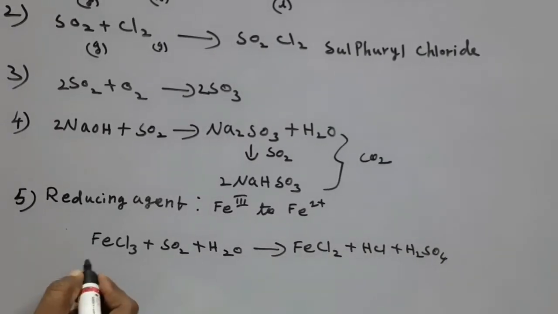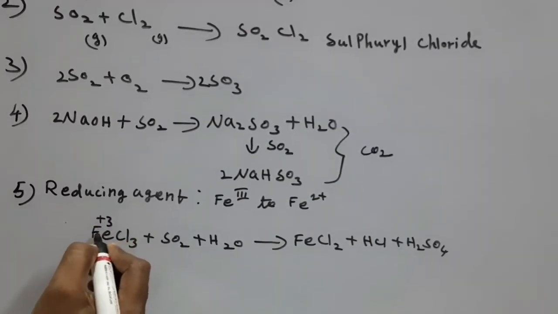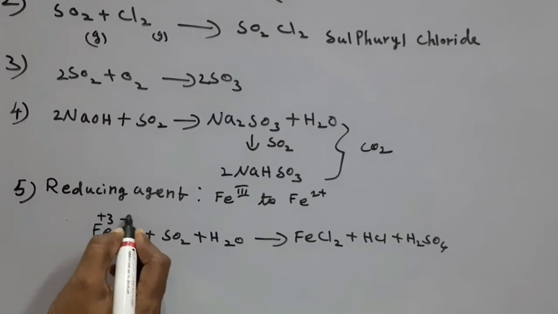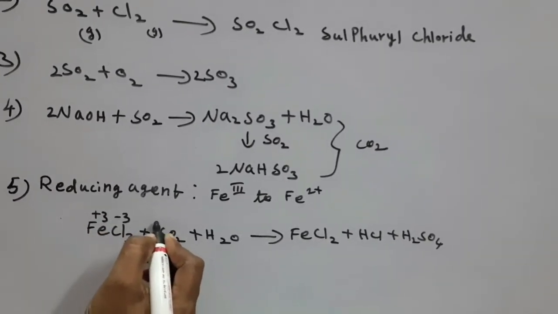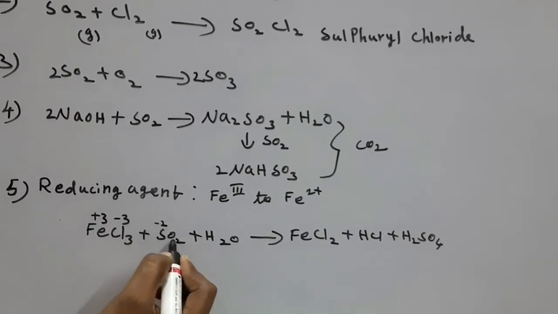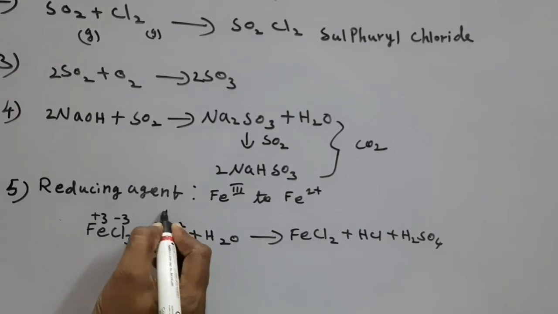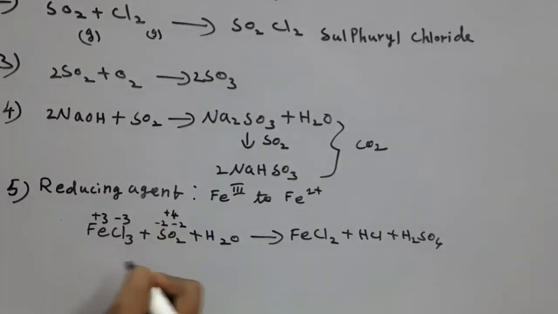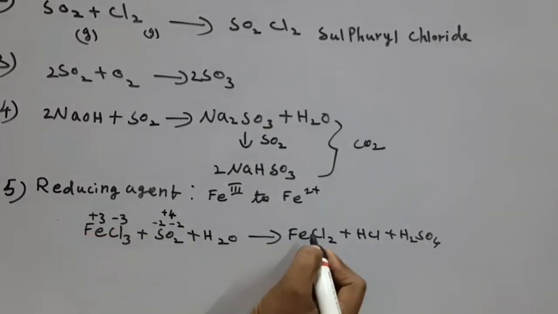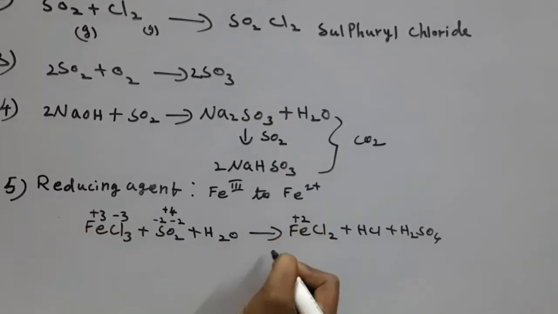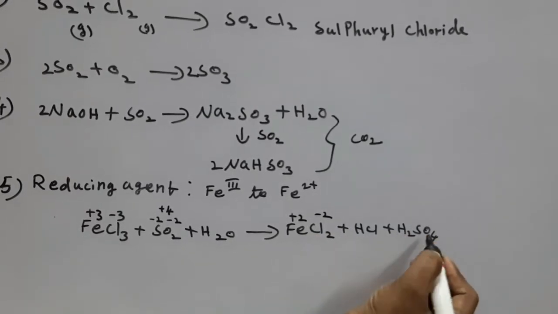See here, iron has a plus 3 oxidation state. For sulfur in SO2, oxygen is minus 2 each, so totally sulfur is in a plus 4 oxidation state. Iron is reduced to Fe2+.